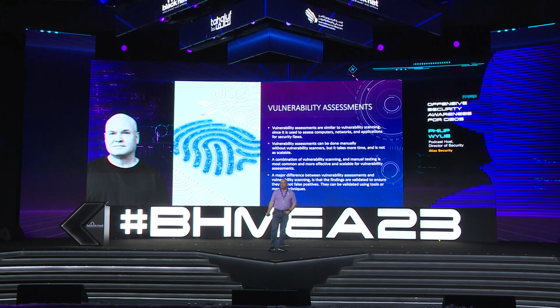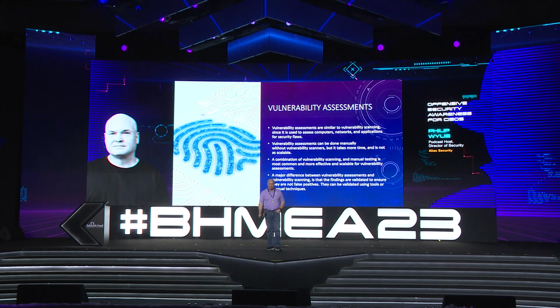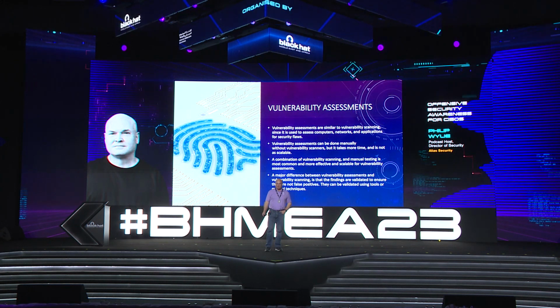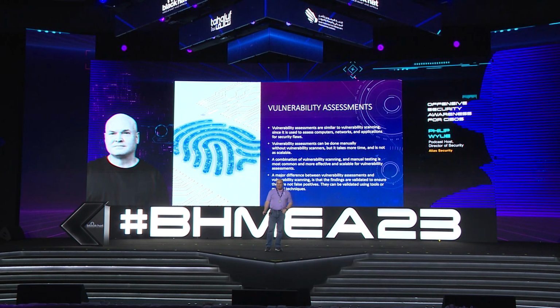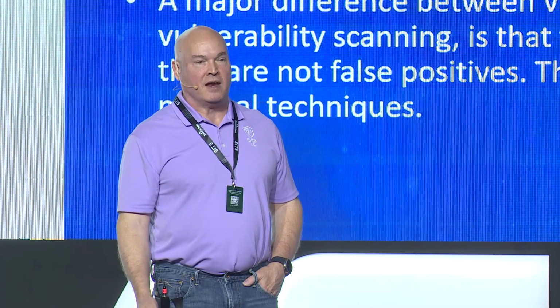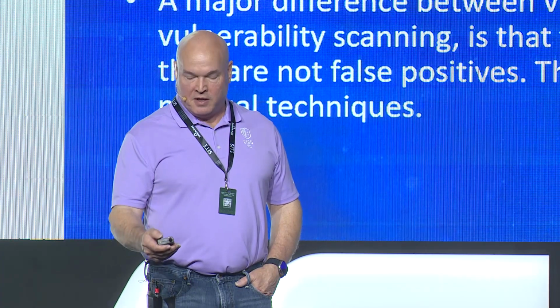There are other tools. You can run different vulnerability scanners to detect the vulnerabilities as well. But usually it's a better case to do manual testing. So a combination of vulnerability scanning and manual testing is included in vulnerability assessments. So a major difference between vulnerability assessments and vulnerability scanning is the findings are validated and other tools are used to see if you can find any other vulnerabilities.